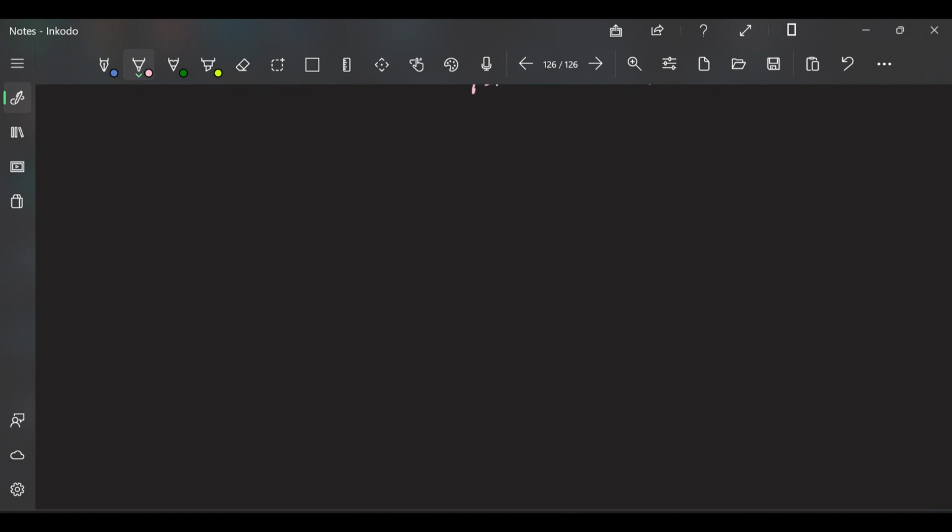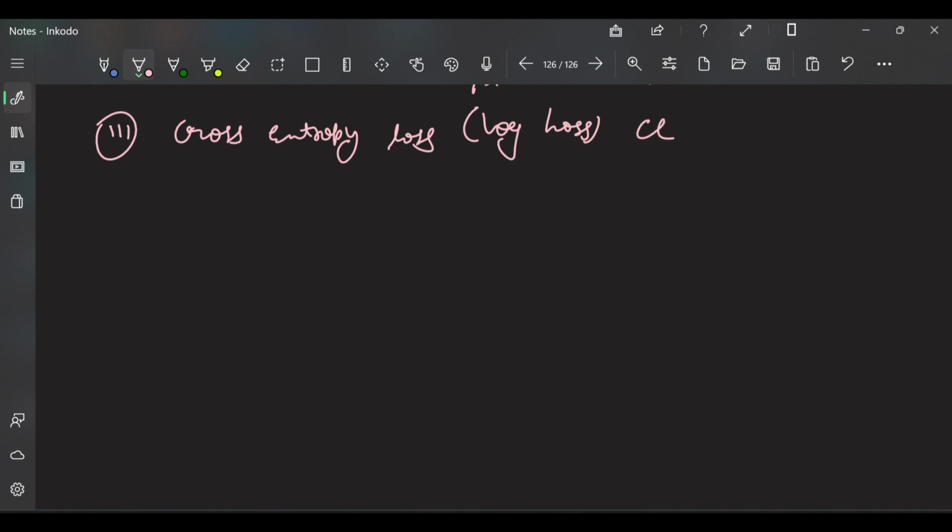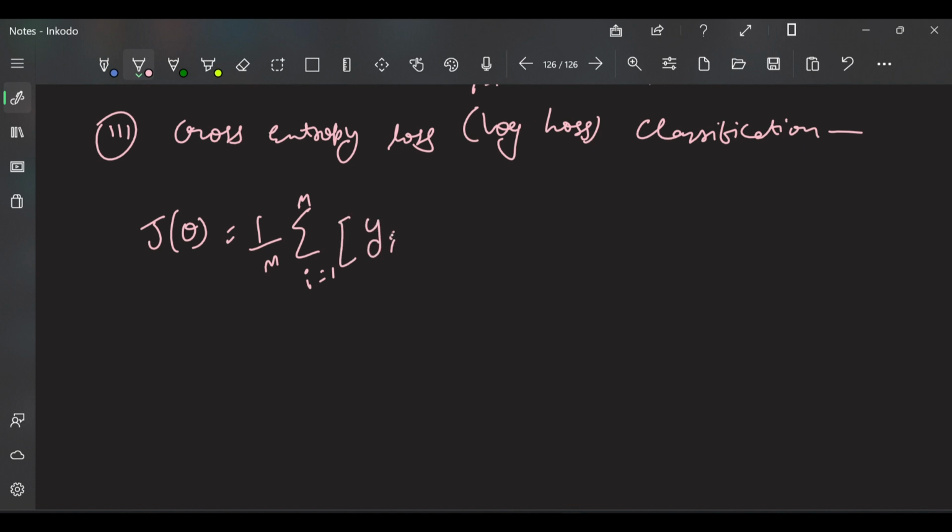And the next one is your cross entropy loss, or you can say log loss, used in classification. J of theta will be 1 by n summation of i equals 1 to n of y of i log of y cap i plus (1 minus y i) into log of (1 minus y cap i).